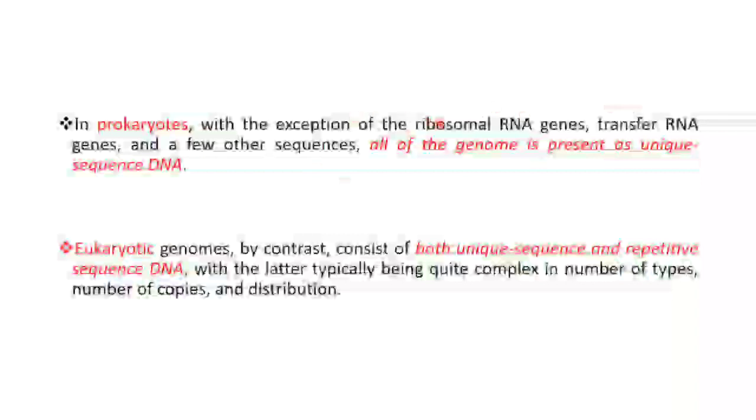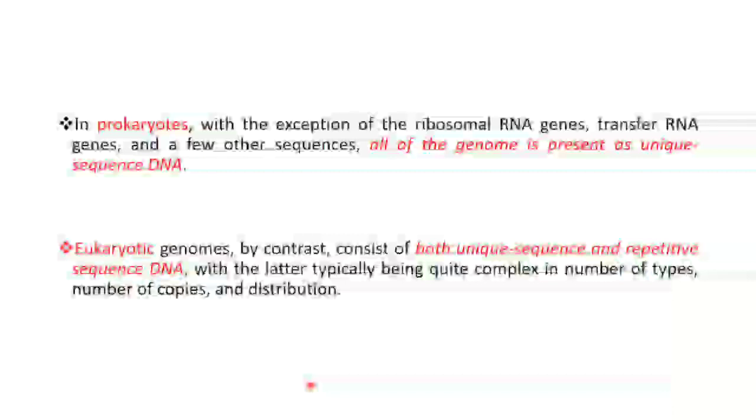Those two are present repeated several times. In contrast, in eukaryotes, you see both unique and repetitive. We have a very large genome, so you can have both unique and repetitive DNA sequence in the eukaryotic genome.